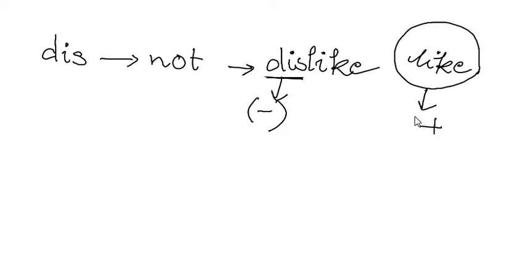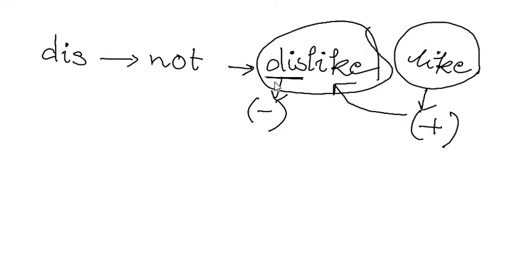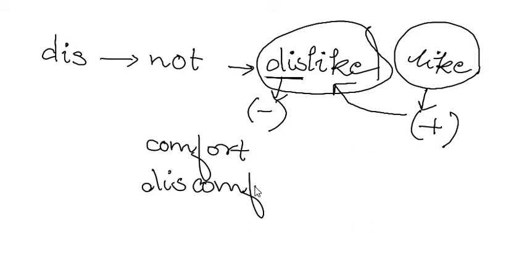It's a positive sentence. But when I say no, I don't like it, these are my dislikes. And when you are comfortable, you say it was full of comfort, and when it's not comfortable, you say discomfort. Are you getting my point? This is quite easy. Dis means not, right?